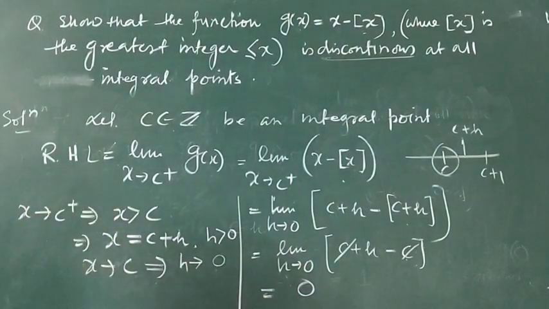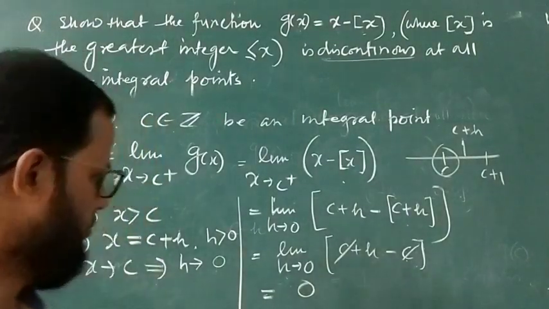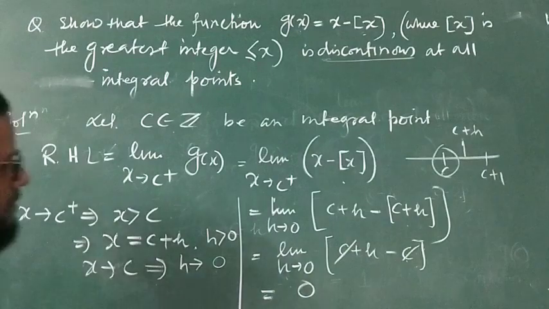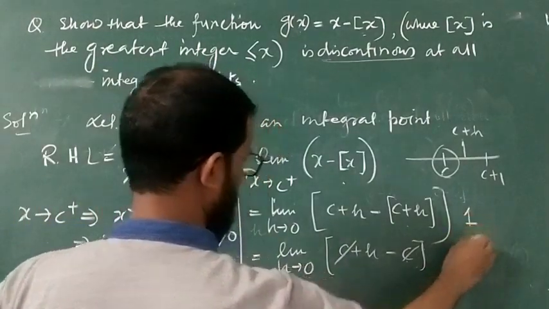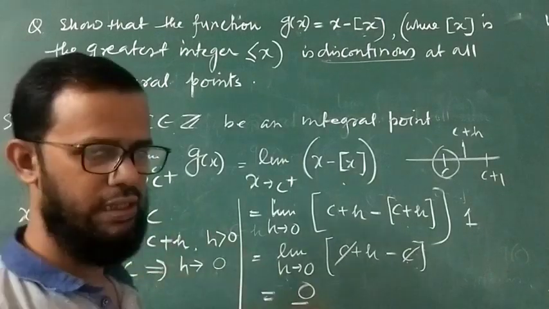We already showed that the left hand limit exists, and the right hand limit also exists. But you observe that the value of the left hand limit was 1 and the right hand limit is 0, and therefore the left hand limit is not equal to what? The right hand limit.